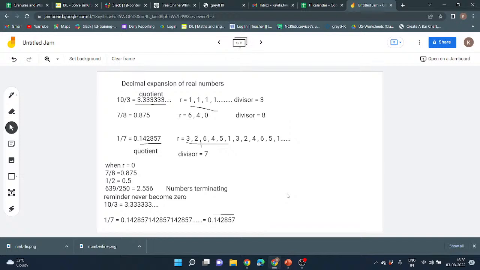So these examples are giving us non-terminating recurring decimal expansion. These are repeating, so we will say this type of expansion is non-terminating recurring.